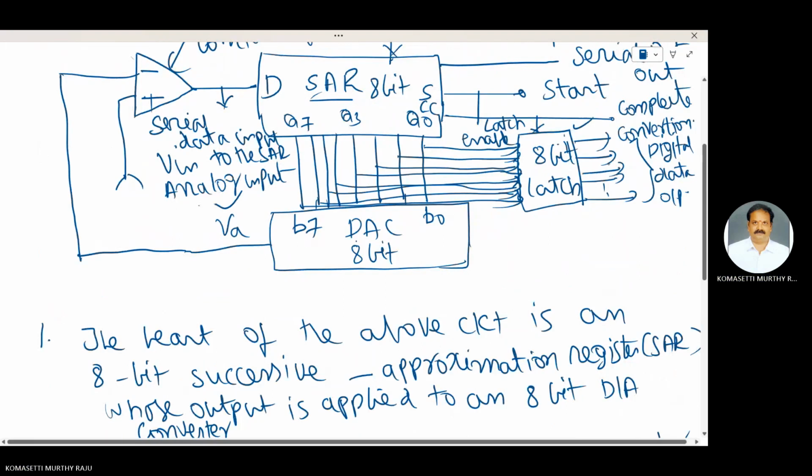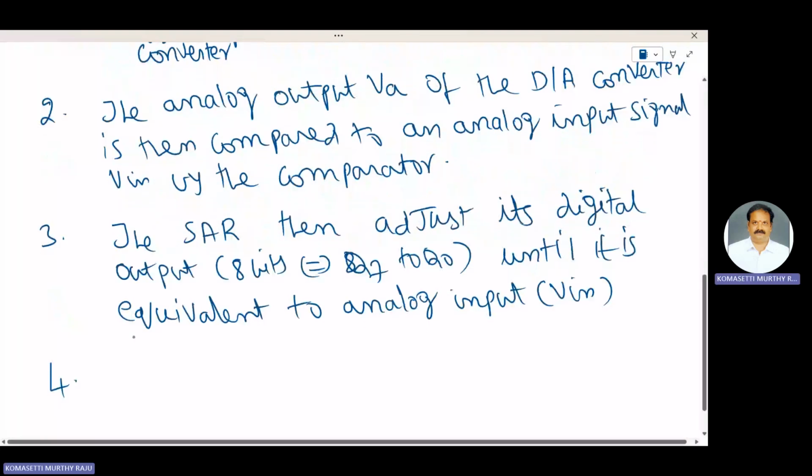This is the 8-bit latch, which is used to store the output digital data at the end of the conversion.